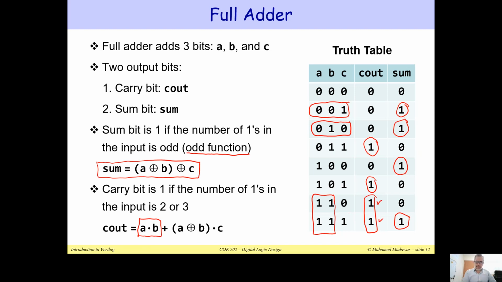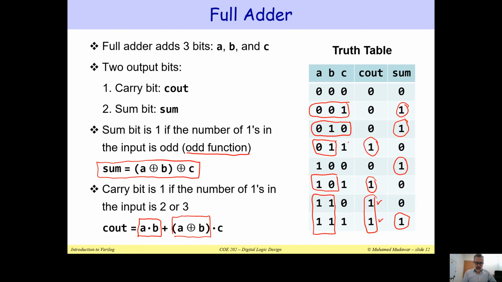Now the other two cases are here, here, and here. Now here you can see that we have either A or B equal to 1, but not both. So this is A XOR B. So A XOR B is equal to 1 if either A equal to 1 or B equal to 1, but not both.